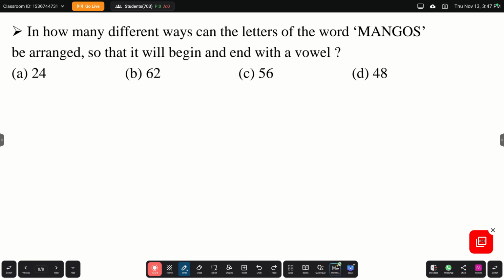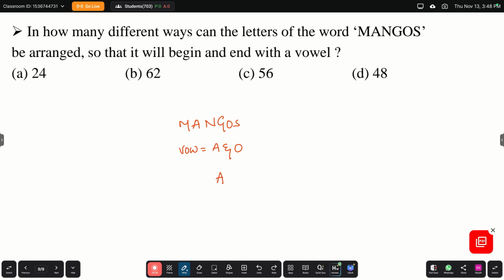In how many different ways can the letters of the word MANGOS be arranged so that it will begin and end with a vowel? In the given word MANGOS, what are the vowels? Vowels will be A and O, two vowels.